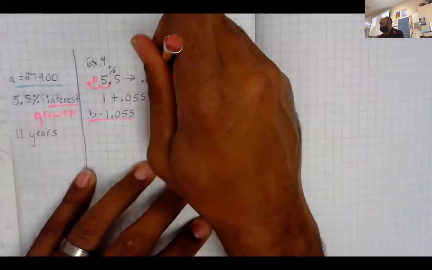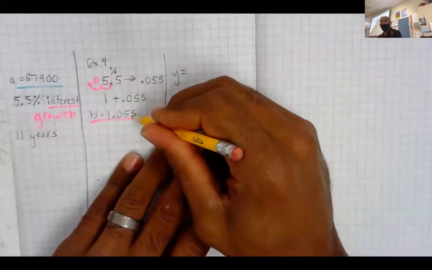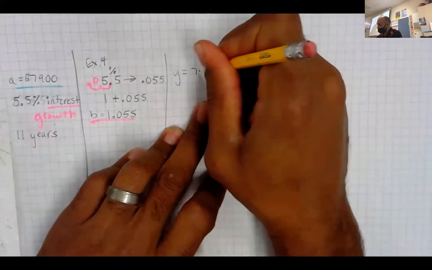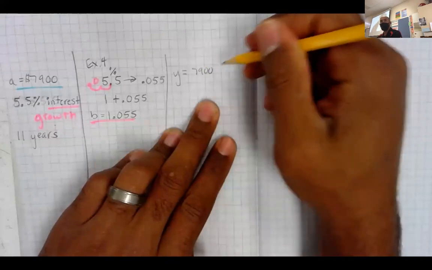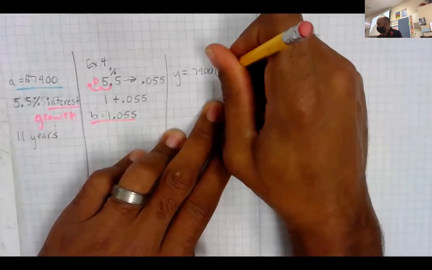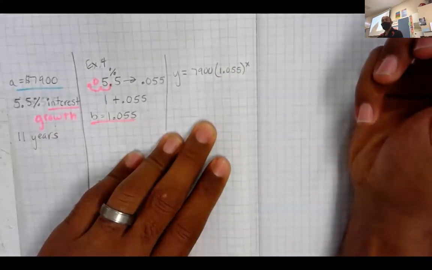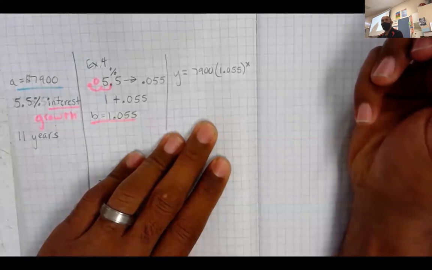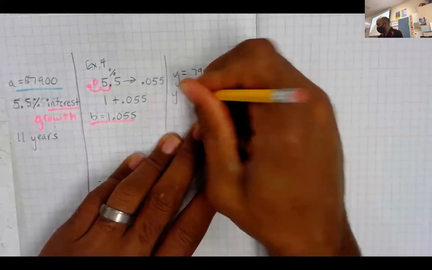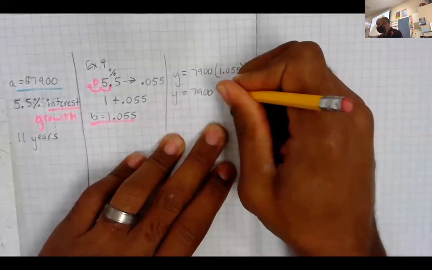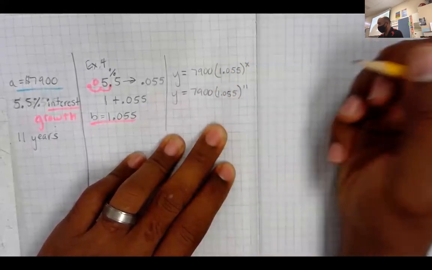All right, so now we're going to set up our equation, and that B now gets plugged in as the second number, but to start, the A. Okay, remember 7,900 times the B value raised to the X. Okay, and then after that, just like the one before, we plug in the years. 7,900 times 1.055 raised to the 11th.